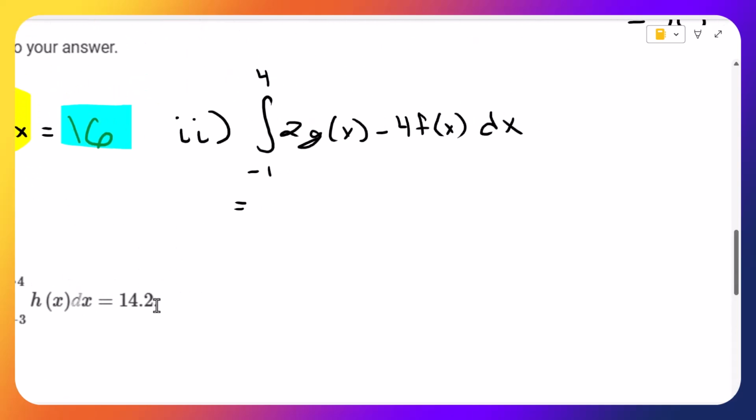So I'm going to end up with 2 times the integral from negative 1 to 4 of g of x dx minus 4 times the integral from negative 1 to 4 of f of x dx.